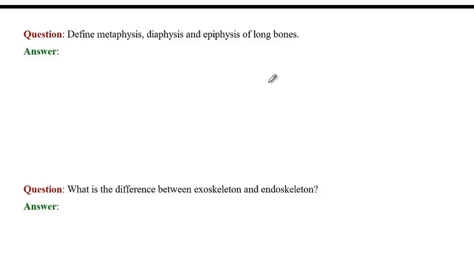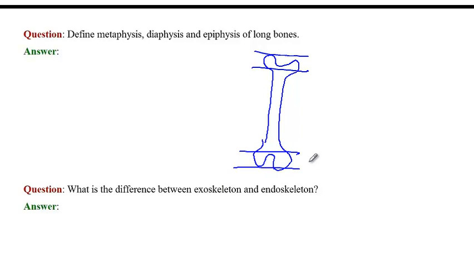So we briefly touched on this topic, and we mentioned how the long bones, the outside part of it, which is made of a spongy bone, we'll call it epiphysis.